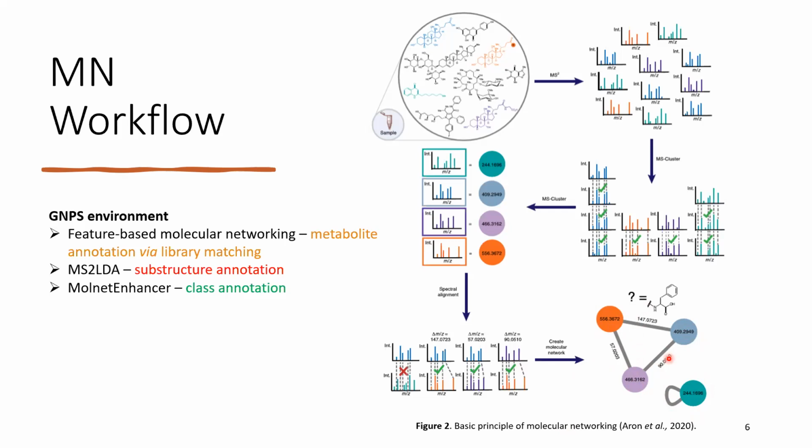Furthermore, molecular networking also has a built-in library in GNPS, and this searches the experimental spectra of the node against the library. And if there is a match, for example, if this one in orange is matched in the library, if, for example, we have it matched to phenylalanine, then we'll know that the other two nodes are structurally similar to phenylalanine.